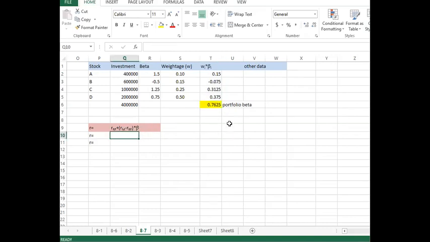And for the calculation of the expected return of a portfolio, here is the formula.